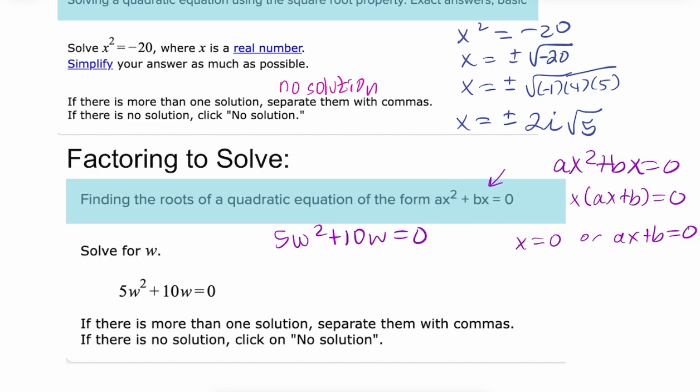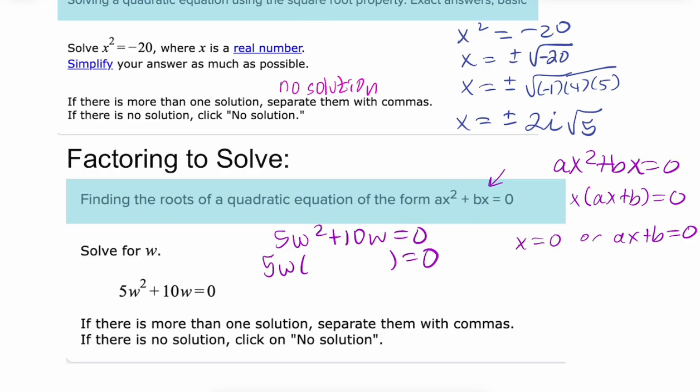What is a number that can be factored out of 5 and 10? What are they both divisible by? 5. So we can take out a 5. Do they have a variable in common? Yes, the w. What's the lowest power? 1. So that means I can factor out a 5 and a w to the first power. Now, when you do that, you just have to use your rules of division. For the number, you just divide it.